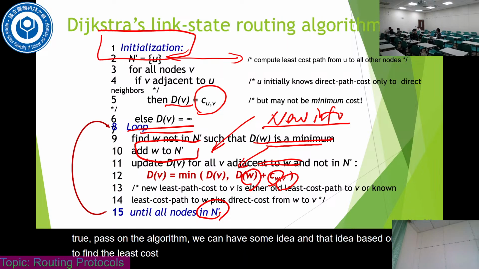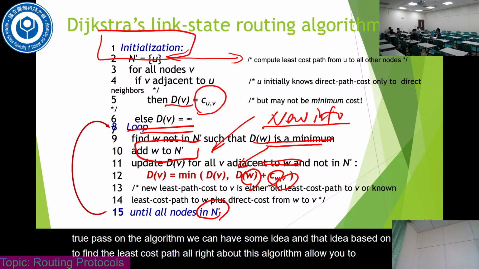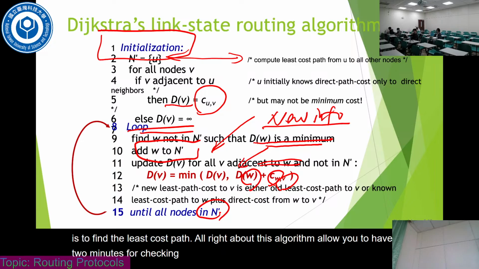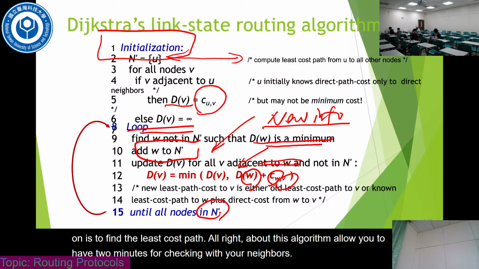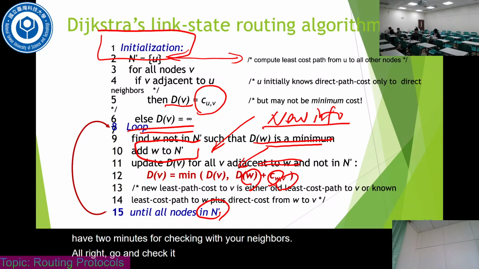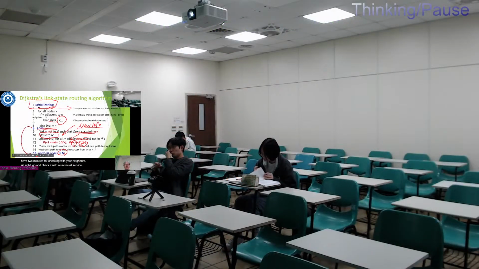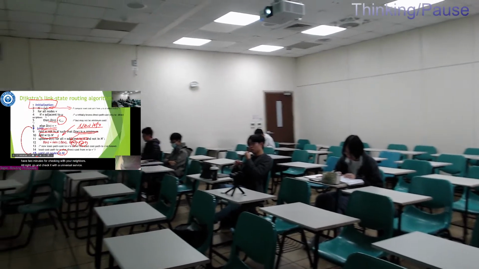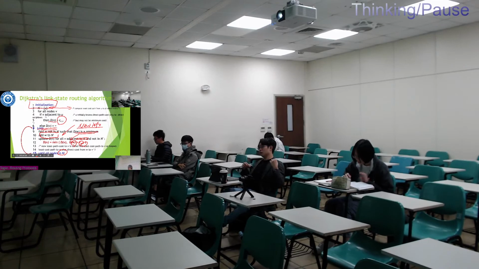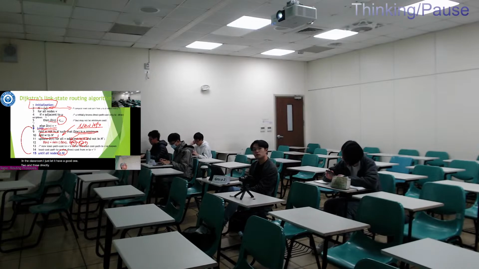All right, about this algorithm, I allow you 2 minutes for checking with your neighbors. Go and check it with your neighbors first. Feel free to have further discussion about the algorithm, and later we can have the example.